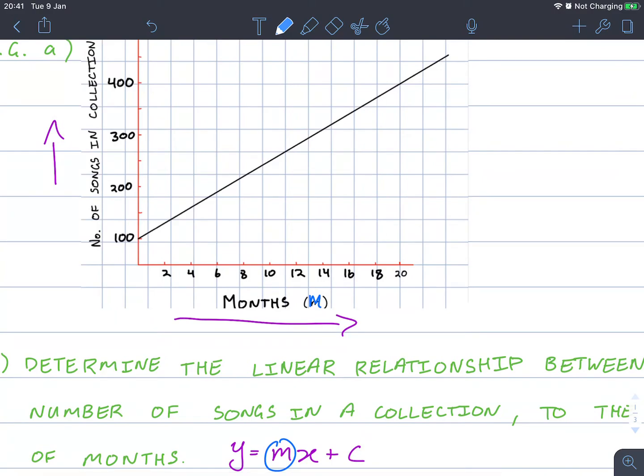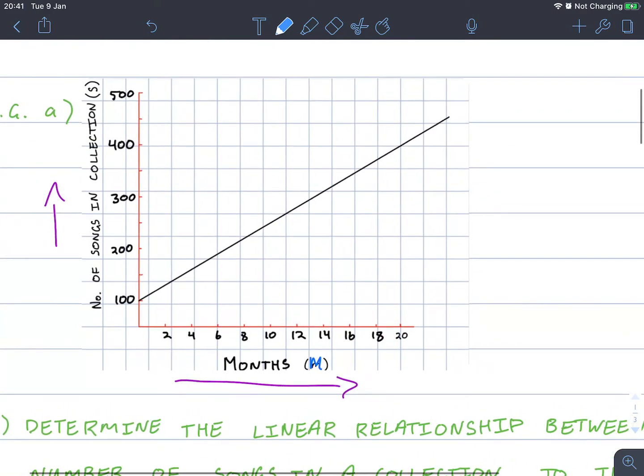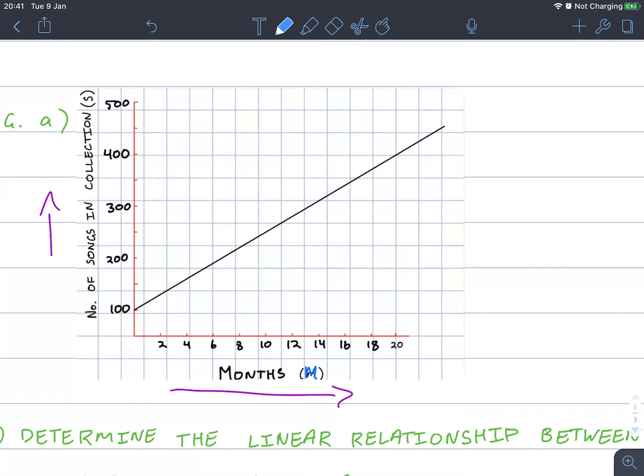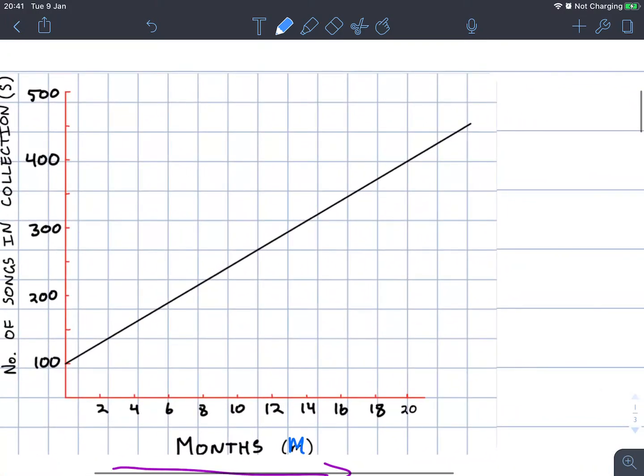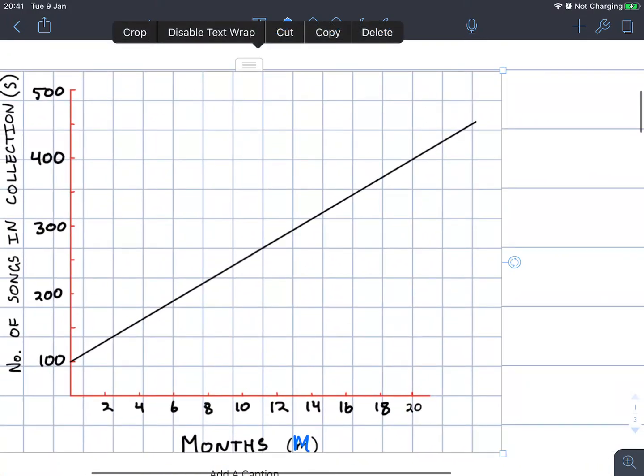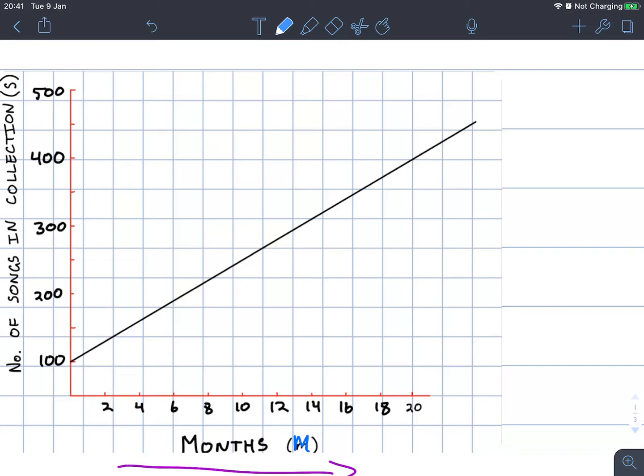Well, let's consider this. To calculate the gradient, we just need to pick any 2 points that we definitely know the values of. So I can see one here. Here we have 20 months, 400 songs.